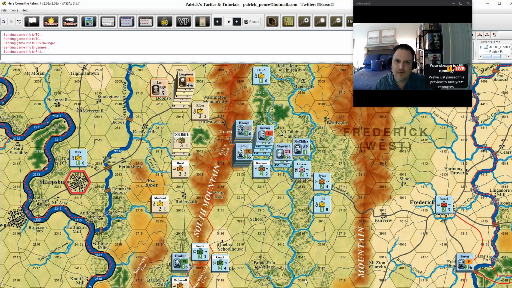And then the number to the right of that, after the dash, the 6 here, 6 on most of these, Cox has a 5. That is their command ability, and that is similar to what we talked about with Lee and McClellan. You will roll against that number when attempting a corps assault from one hex to the next.